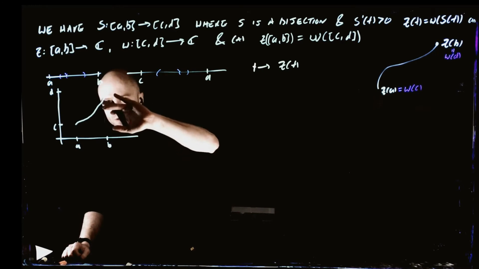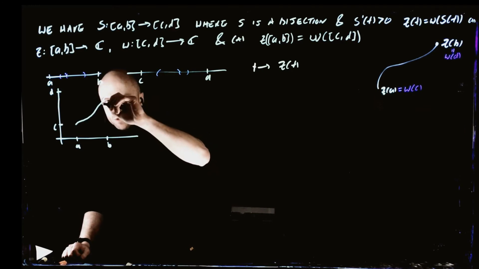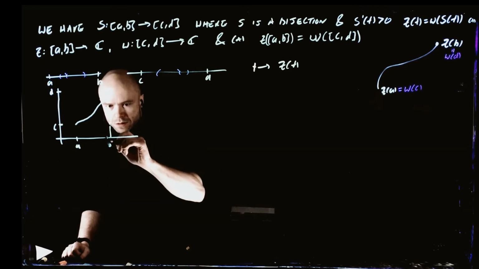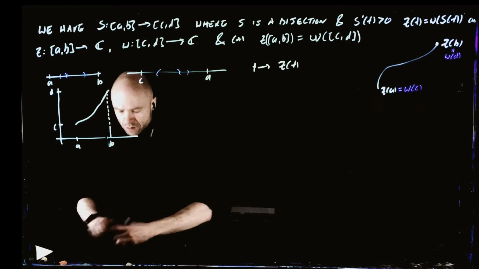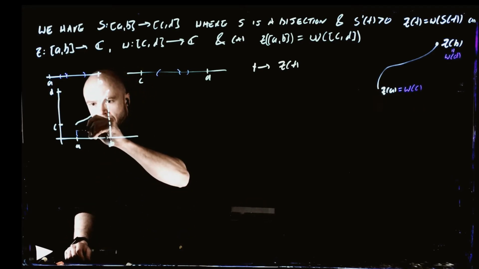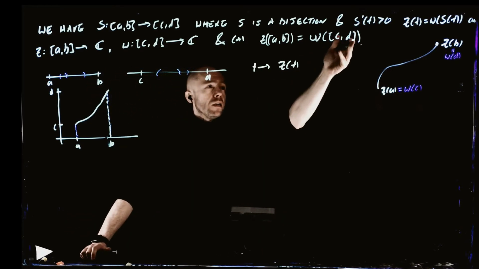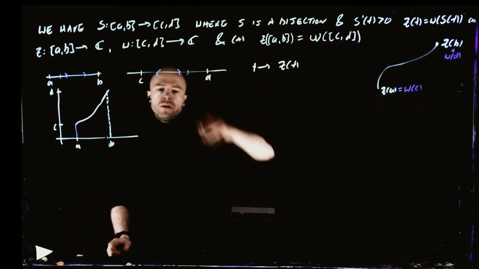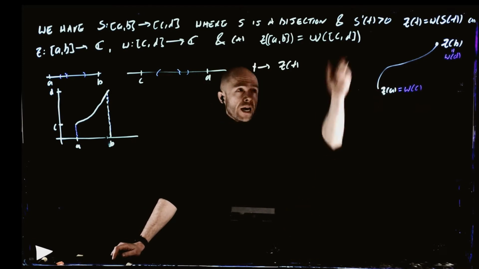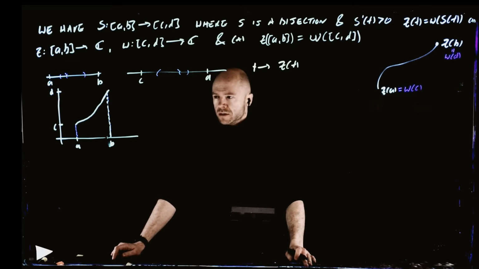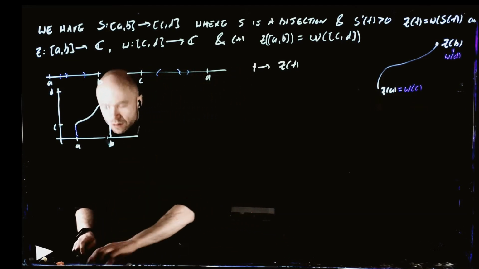If it wasn't increasing, then it wouldn't be bijective, and this would change things completely, because we just want to rescale time with respect to this function S. However, to be bijective, we don't need that S prime is strictly bigger than 0 everywhere. But we add this condition just because it makes things nicer. Okay. So this is our function S.